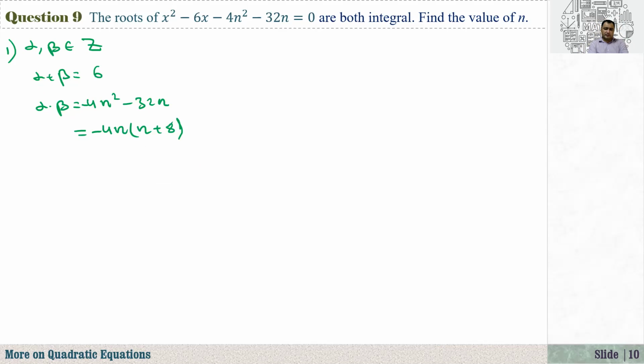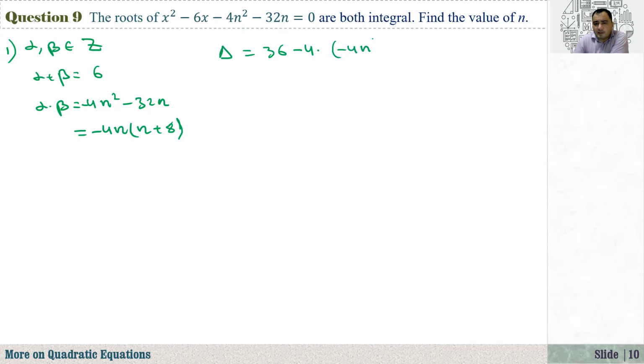What can we do here? We cannot do anything here, since the roots are integers, right? How about if we just calculate the discriminant? Negative 6 squared, that's equal to 36, minus 4 times minus 4n squared minus 32n.